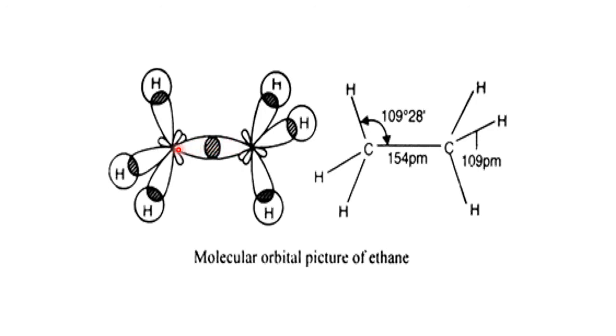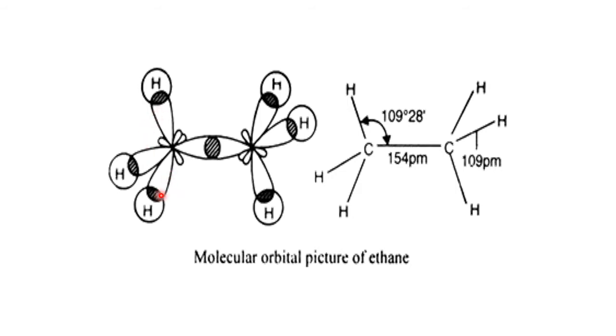So this gives a grip, a connection, between these two carbons. Now here, one lobe is free: sp3 hybrid orbital, sp3, sp3 on this side. In the same way on the left side also, sp3, sp3, sp3.